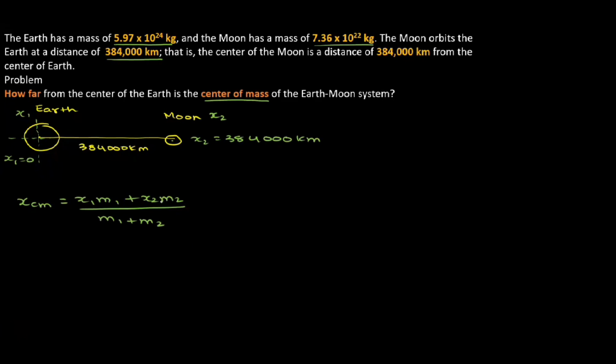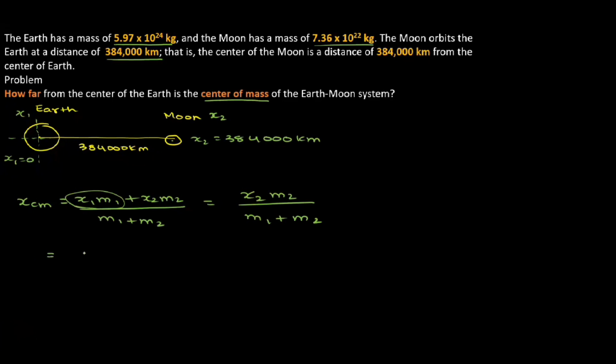Now we can calculate the position of center of mass. I will just substitute the values here. Since x1 is 0, I can remove this whole term and write the equation as x2 m2 over m1 plus m2. Now substitute the values of x2, m2, m1 plus m2.